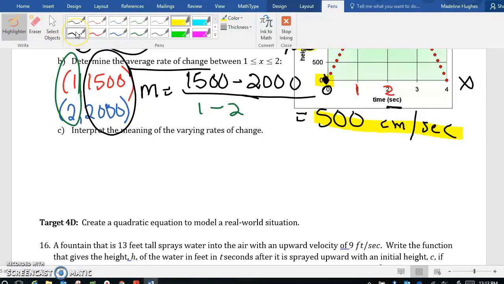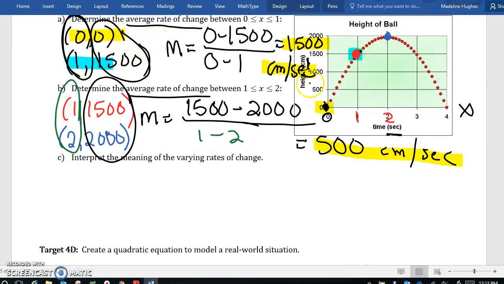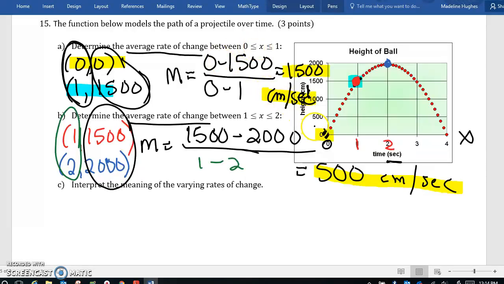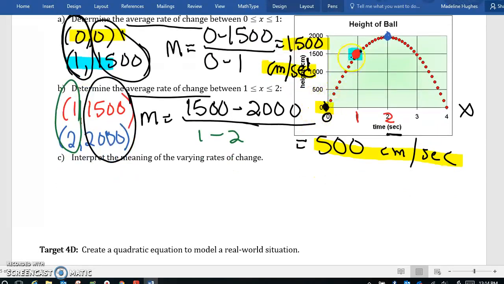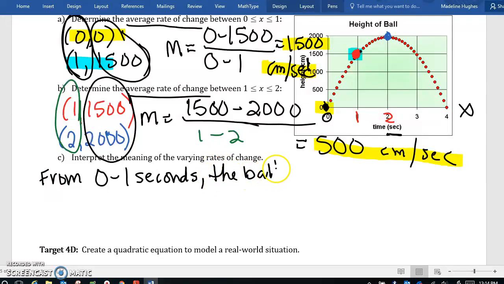Okay, so what this is saying is from 0 to 1 second, the height of the ball is going up to 1,500. So from 0 to 1 seconds, the ball increases 1,500 centimeters every second.